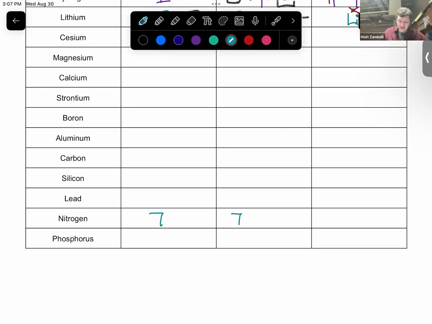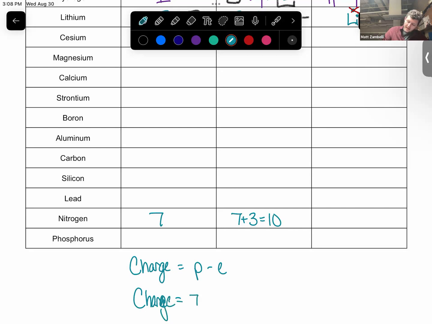Okay, so we need to gain 3. Remember, gaining 3 means we add 3 electrons. So now we have a total of 10. And if we wanted to do our charge, remember charge equals protons minus electrons. So charge equaled our 7 minus our 10. So we end up with a -3 charge, which is how we're going to get that over here.